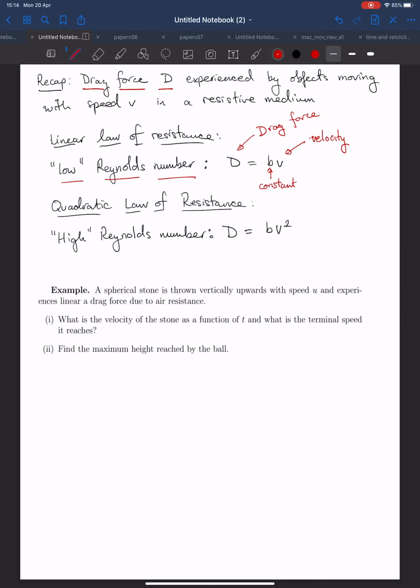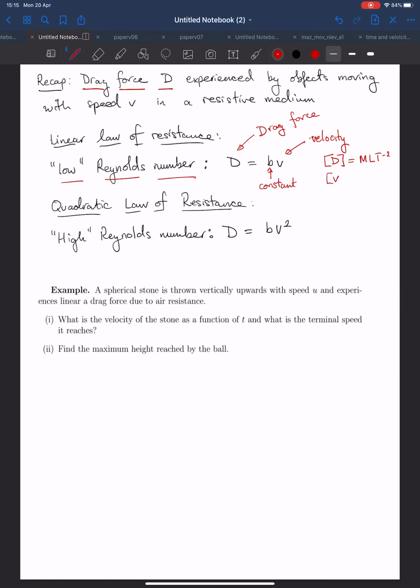Now, one thing we need to take into account here is the units of B. We know from dimensional analysis that the units of D are those corresponding to the units of a force.